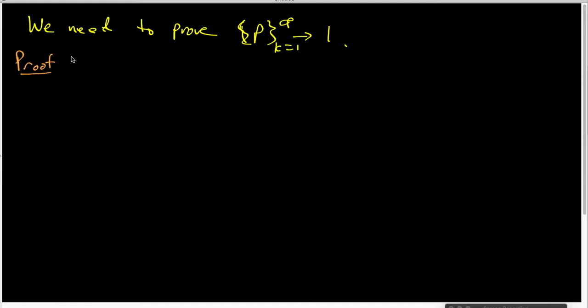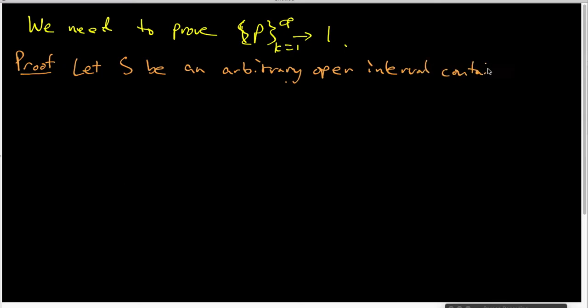We have to start with an arbitrary open interval. So we want to say let S be an arbitrary open interval containing 1, because our limiting value here is 1.